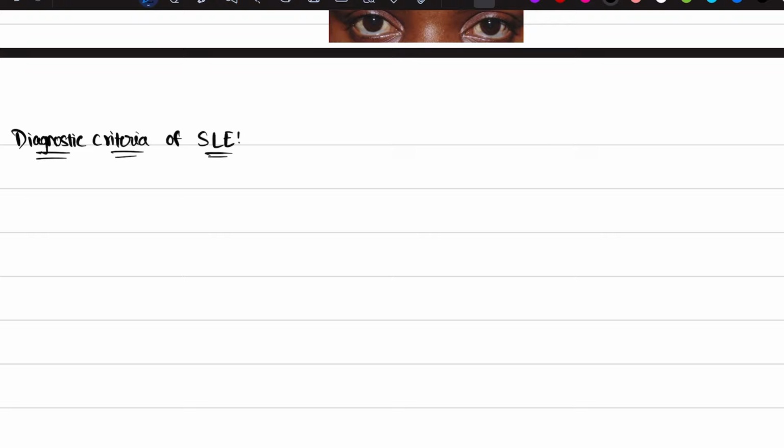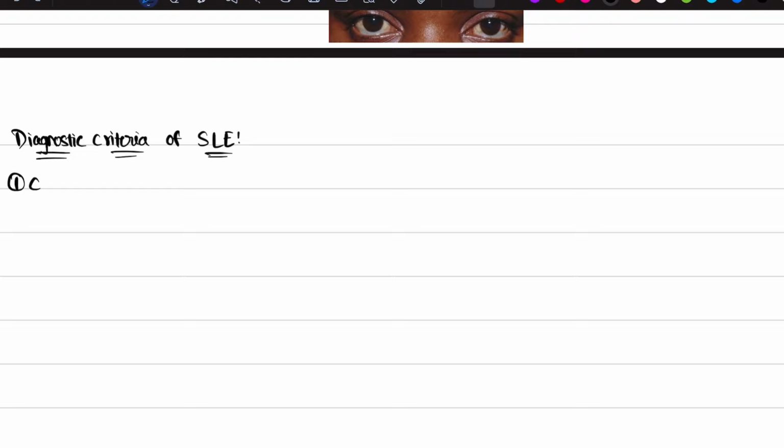Whatever I am discussing, we have already discussed all the factors, in a clinical manner and in an immunological manner. For immunological criteria, we are focusing on the antibodies, and for clinical criteria we are focusing on the clinical features. First, I am going to write the clinical criteria. In clinical criteria we have many things, so we don't need to remember everything. You just need to remember one thing.